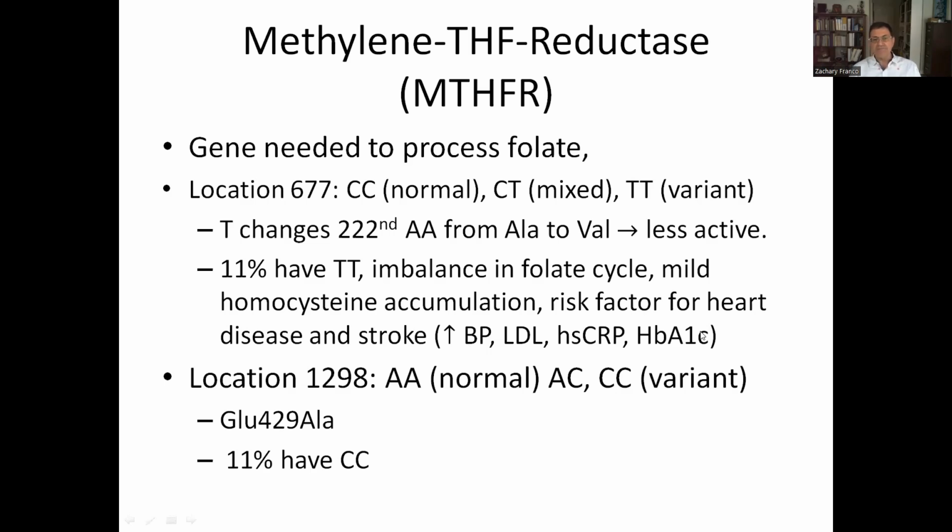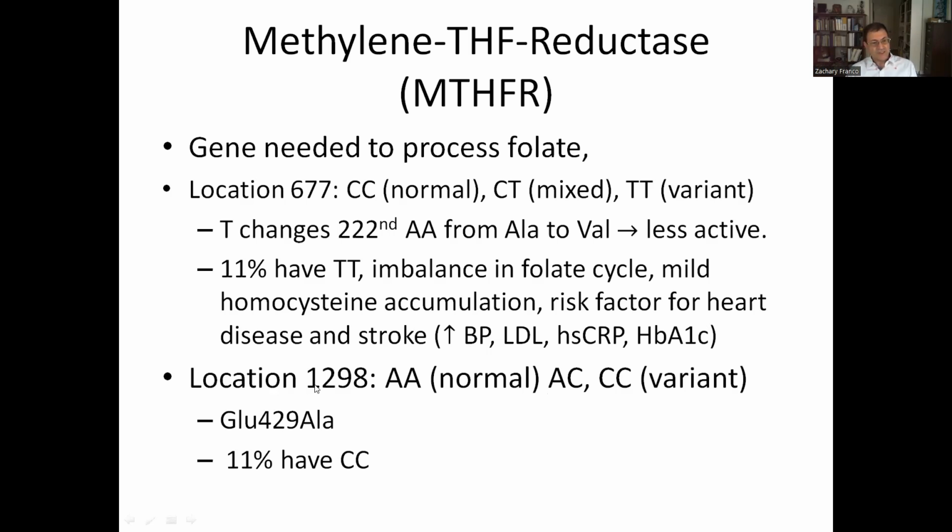With this gene, you can find out once and for all what you are, CC, CT, or TT. CC and CT is not a big deal, but TT has a little bit of a risk.